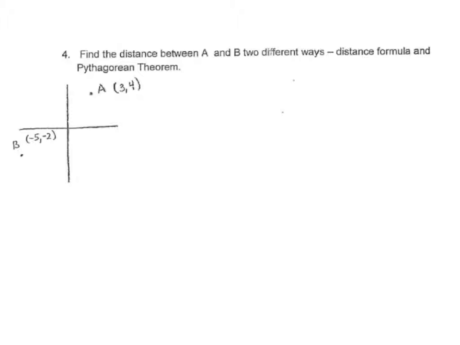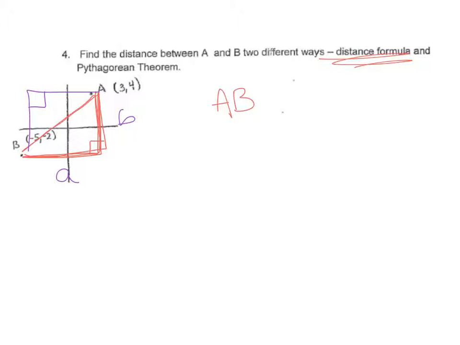Okay, to find the distance, there are two different ways. You can do the distance formula, which I just did on the last page, but I'm going to show in this example explanation the Pythagorean theorem. So what I do is I make a right triangle. I could have made a right triangle like the red, or I could make a right triangle like the purple. The distance is the hypotenuse. So if this is my A, this is my B, this is my C, I can do A squared plus B squared equals C squared.